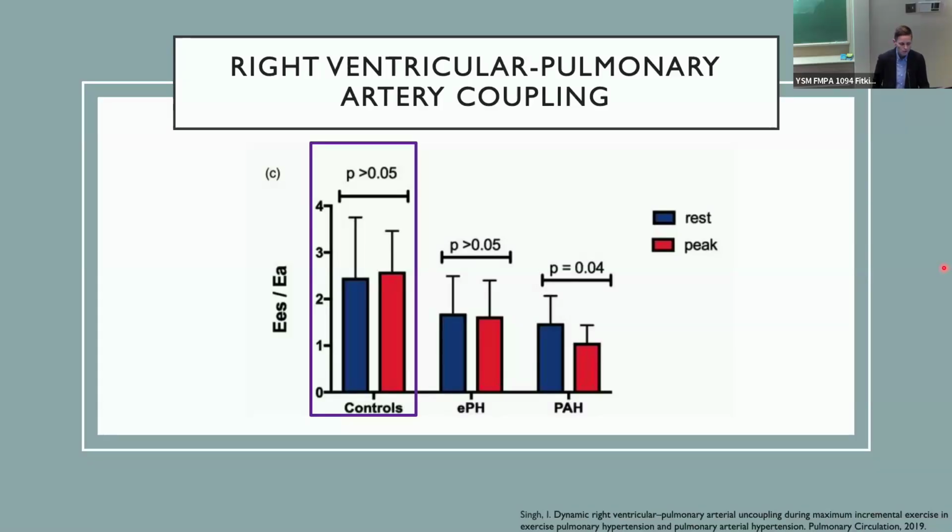In healthy individuals, the right ventricle is able to respond with a proportionally greater rise in its contractility. So EES, the load-independent measure of contractility, increases more than afterload, and the ratio of contractility to afterload is preserved or may even improve during exercise, reflecting a robust RV contractile reserve in health.